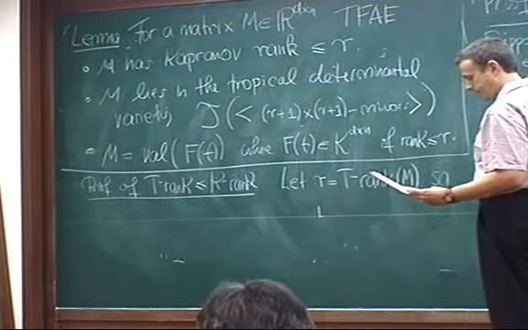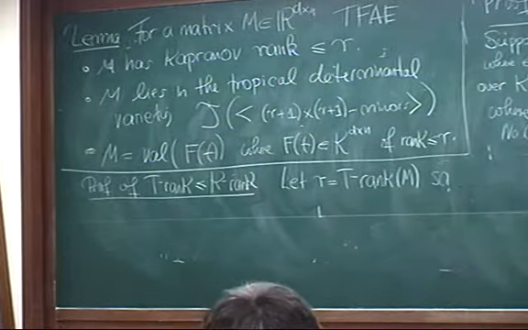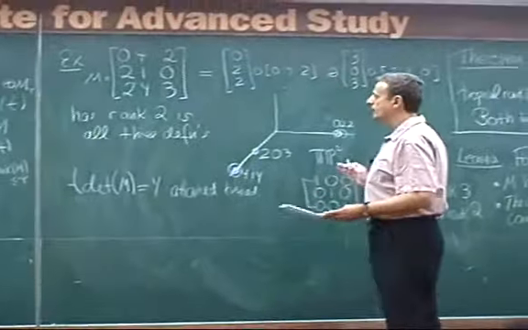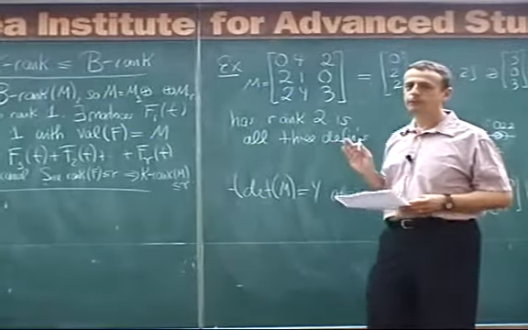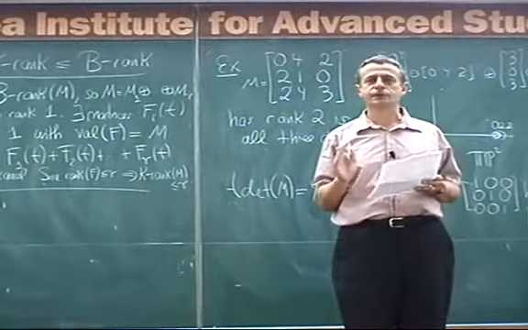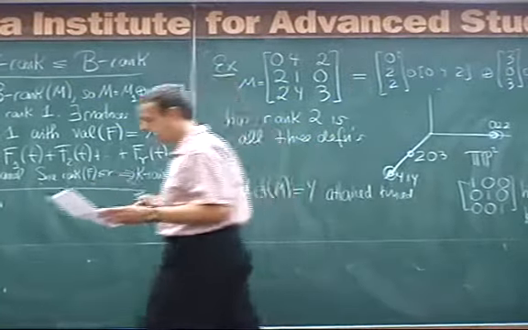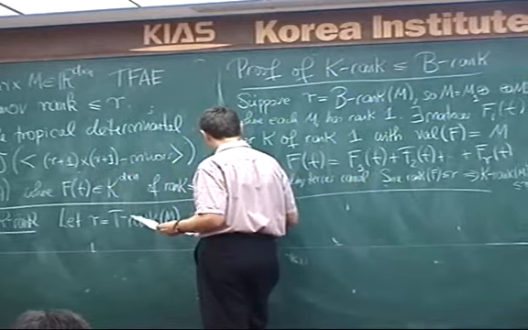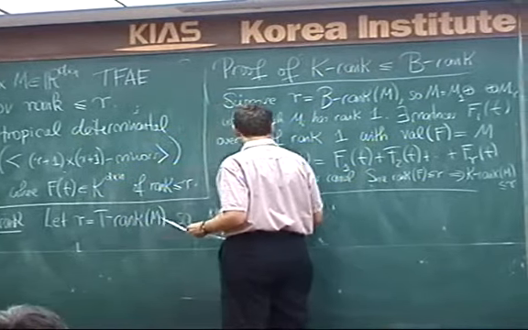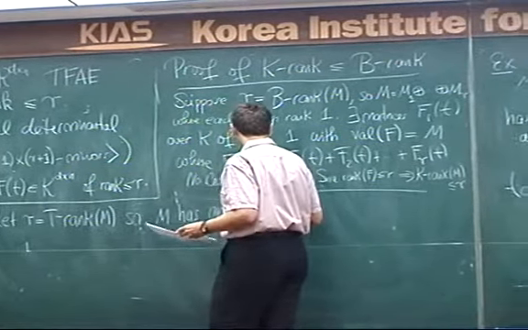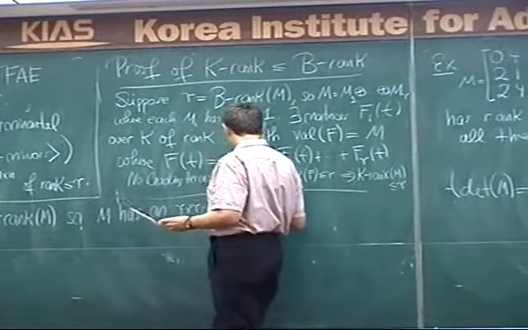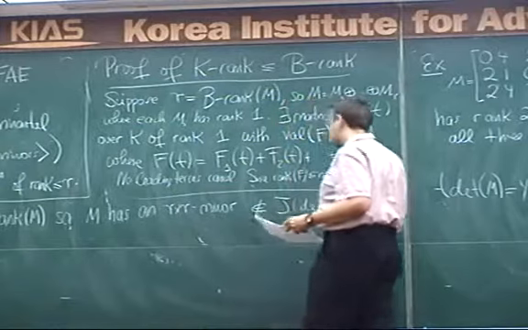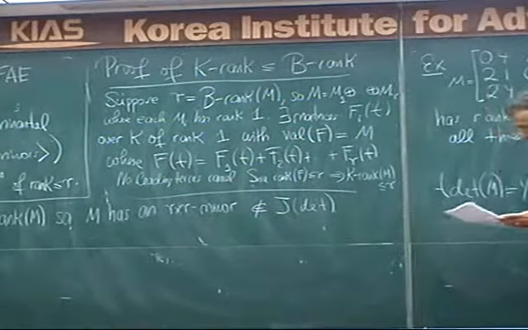So R is the tropical rank of M. Remember, the tropical rank is the largest size of a non-singular submatrix. So M has an R by R minor for which the assignment problem has a unique solution, which is not in the tropical determinant hypersurface.